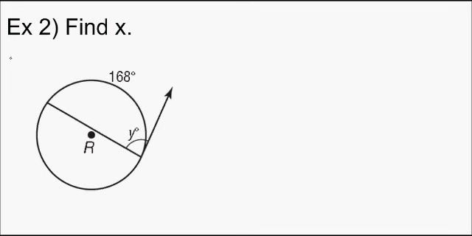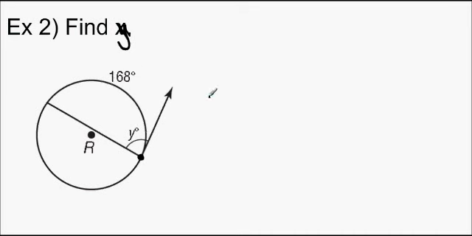Example 2. I should say find y, not x. Okay. So finding y. Well, I see I have a chord and a tangent intersecting right here. That means that the angle formed, angle y, is half of the measure of the intercepted arc.